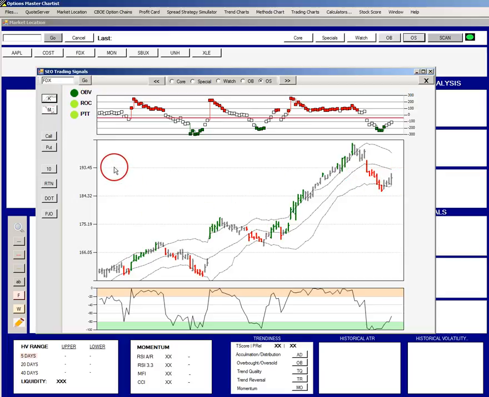And I'll explain these three traffic lights in the top left corner. They're OBV for on-balance volume and ROC for rate of change. If it's dark green like this, it means that on-balance volume is bullish over a 6-month period and a 3-month period.